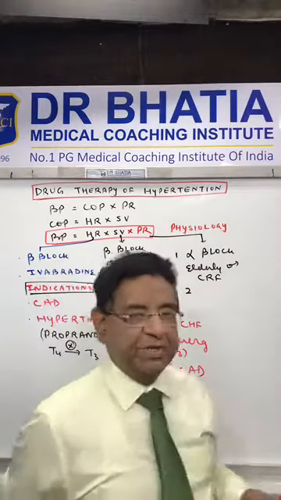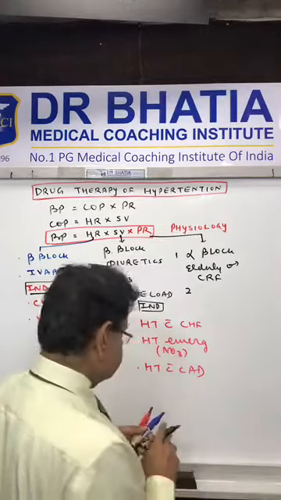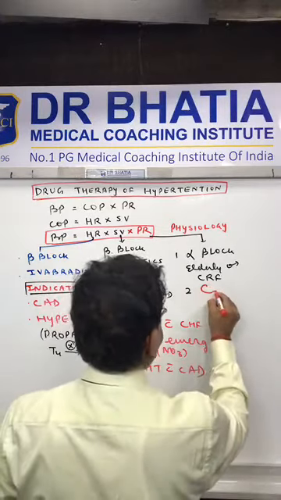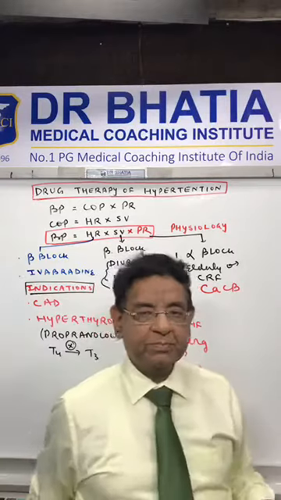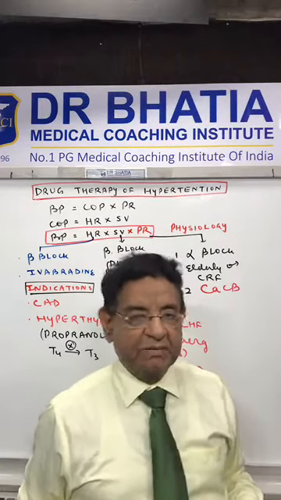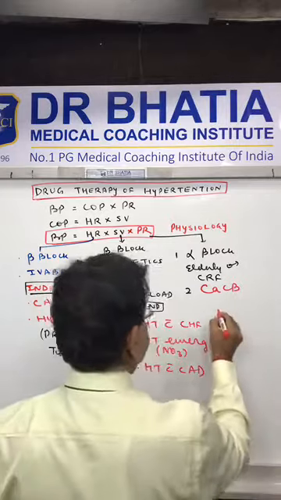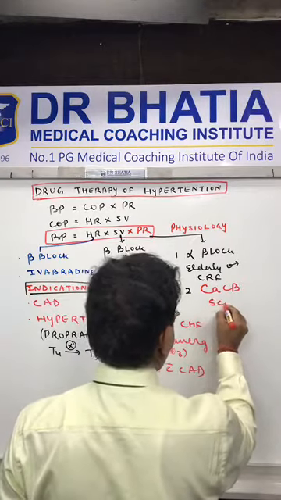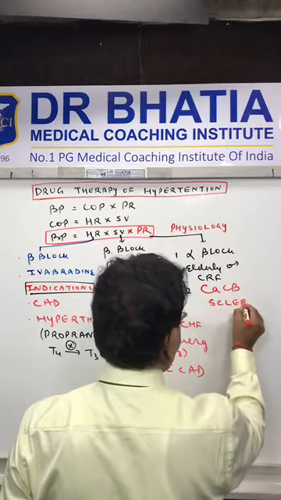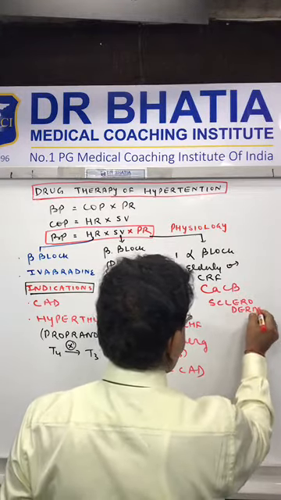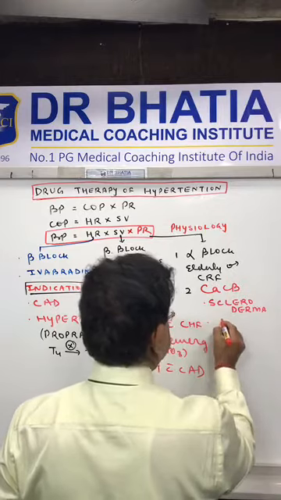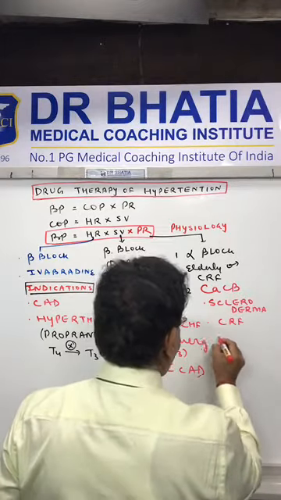The second drug which reduces peripheral resistance is calcium channel blockers. And calcium channel blockers are used in scleroderma. We can also use them in case of chronic renal failure.